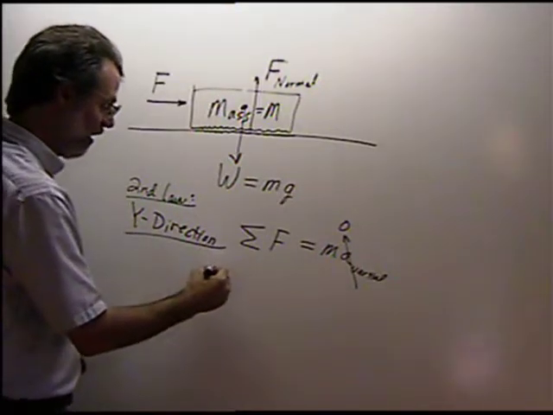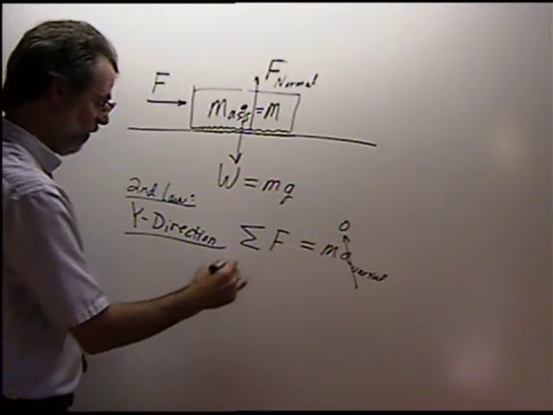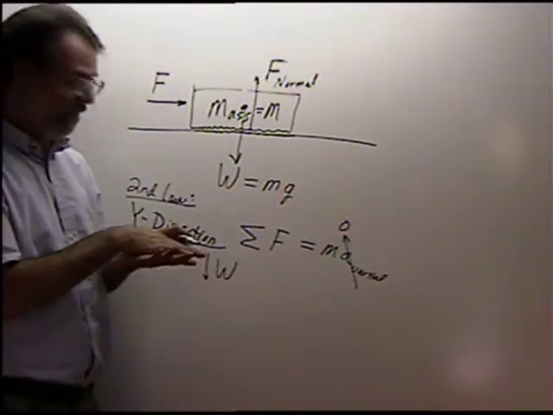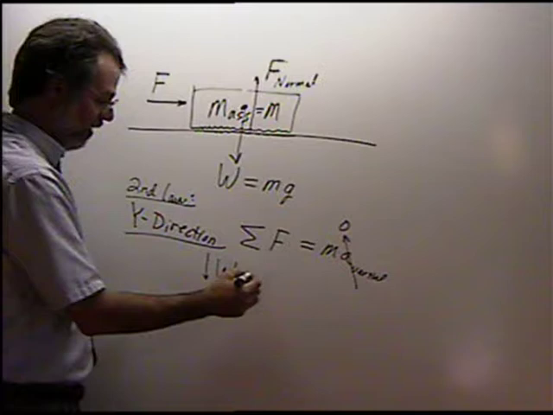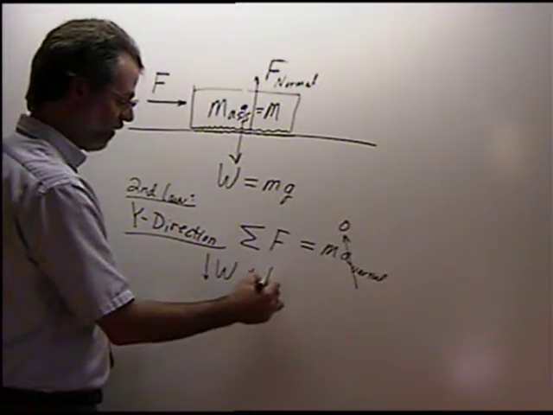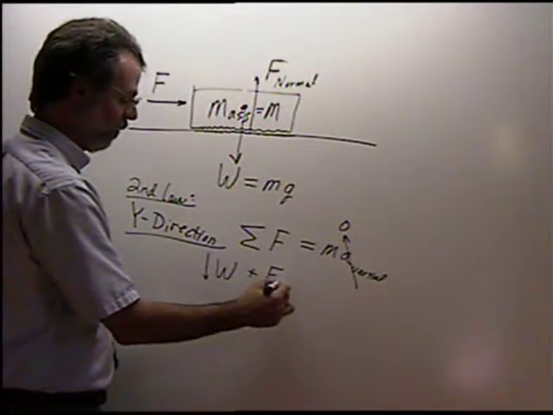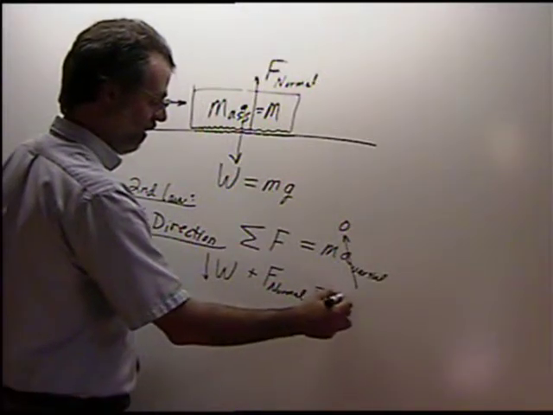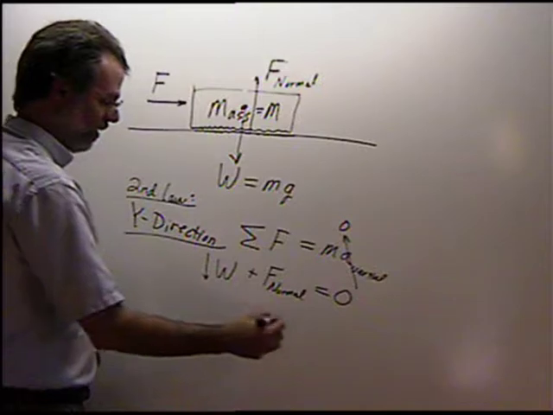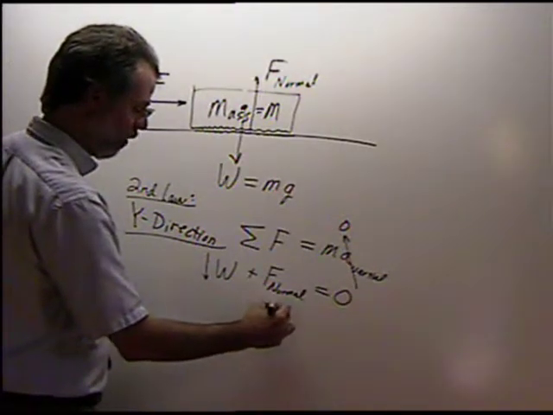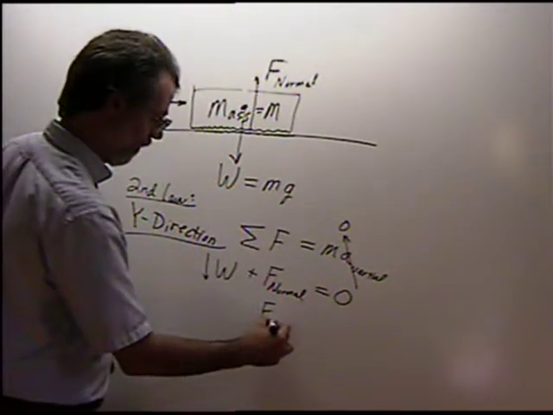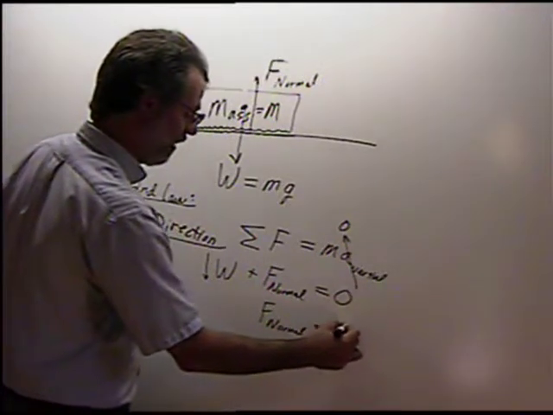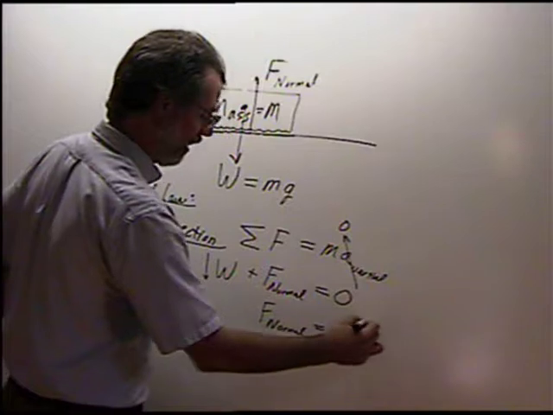Well, we know that. What are the forces? We have the weight acting down. The weight always acts on the object down. So there's another force called the normal force, and that must be equal and opposite. So what we find is that the normal force acts in the opposite direction to the weight.